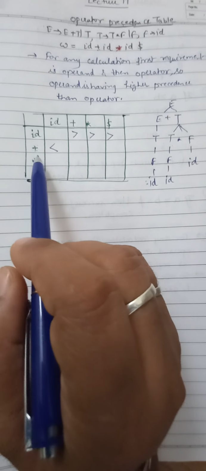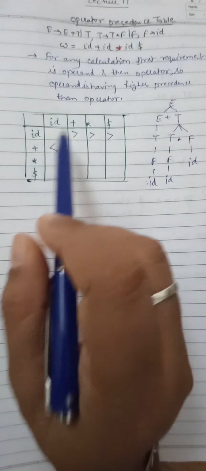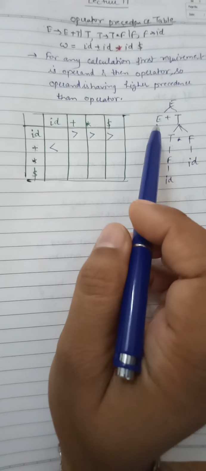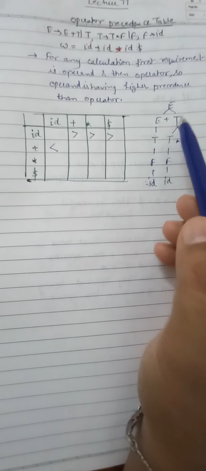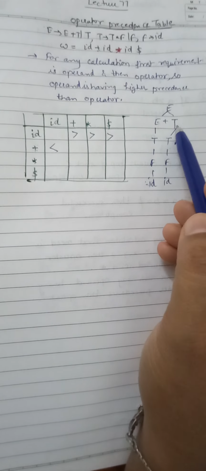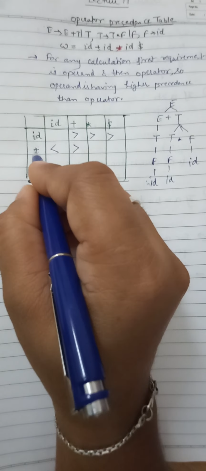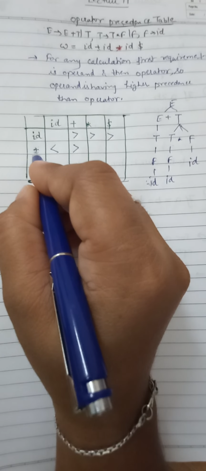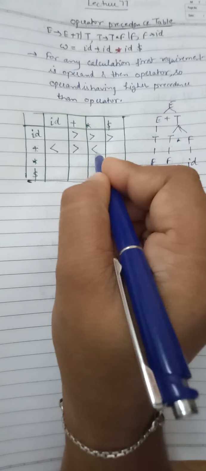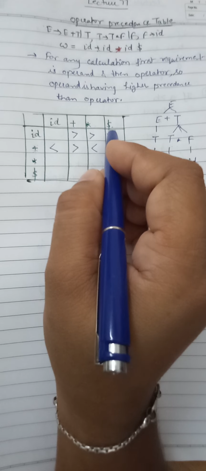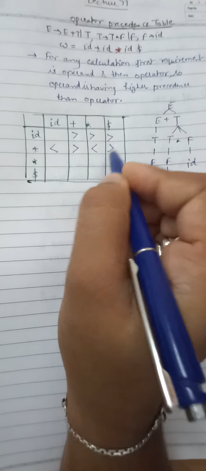And for plus with plus, both are the same operator but left to right, E tends to E plus T, we are working left to right, so that's why it is greater. And plus always has less precedence than multiplication, so less than. And dollar always has less precedence than other operators, so plus is greater than the dollar symbol.